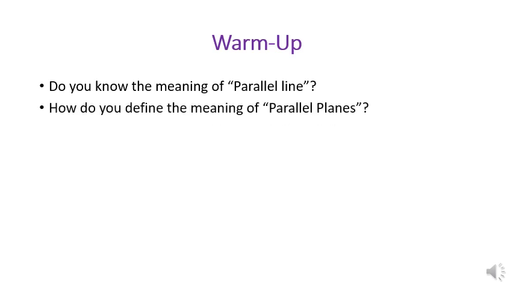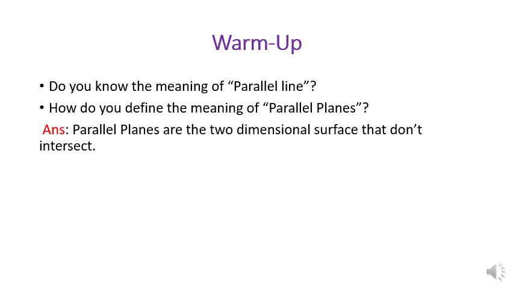So now, help me to answer one more question, class. How do you define the meaning of parallel planes? Yes, in similar way, class. Parallel planes are two-dimensional surfaces that don't intersect.